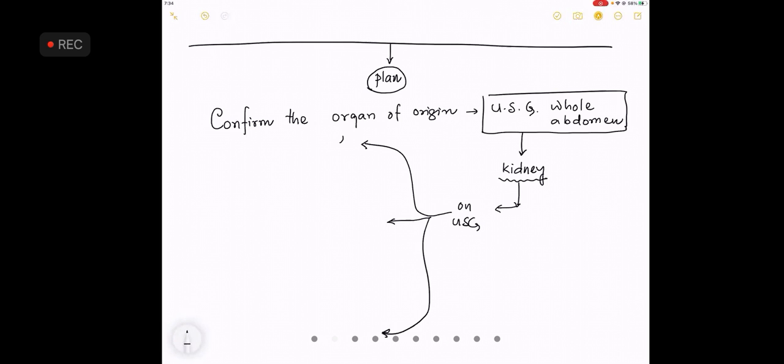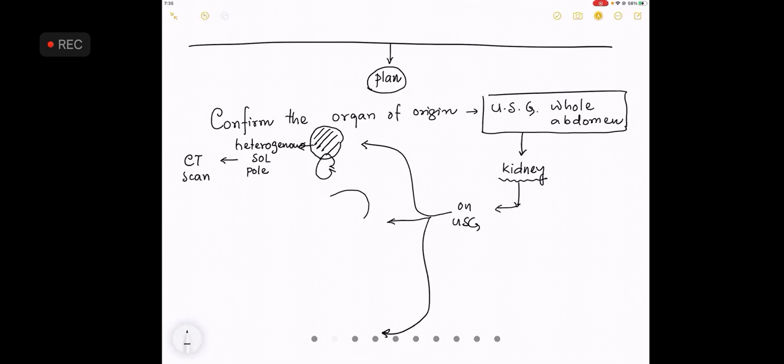If the kidney is normal, but there is something at upper pole or lower pole, so this is a heterogeneous SOL at the pole of the kidney, upper pole or lower pole. This will require a CT scan.